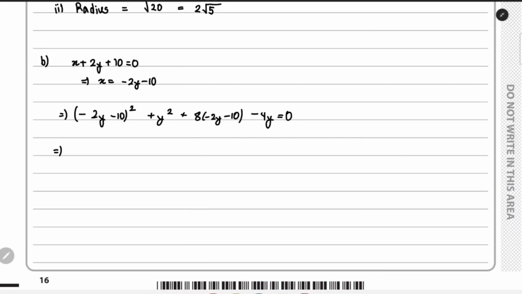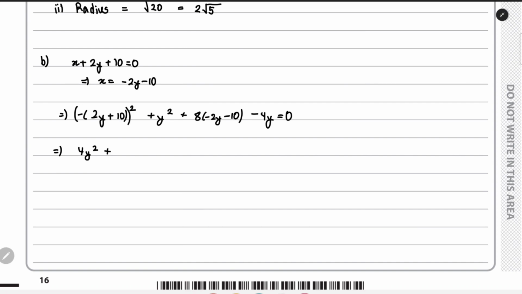From here we get 2y whole square is 4y square plus, the sign does not matter over here since it's squared, so even if we had a minus 2y plus 10 whole square, the minus would disappear.